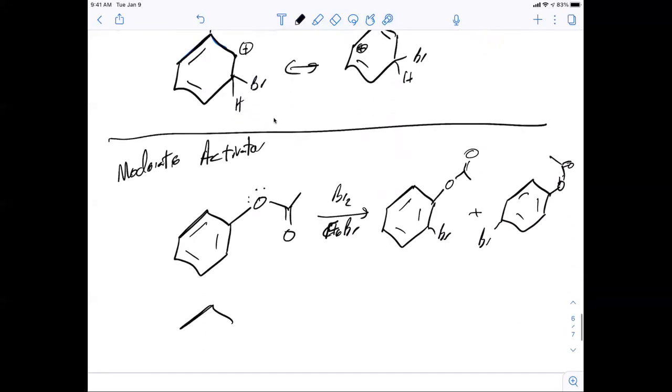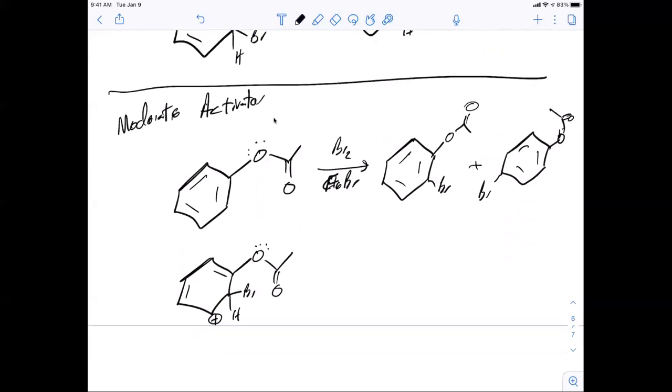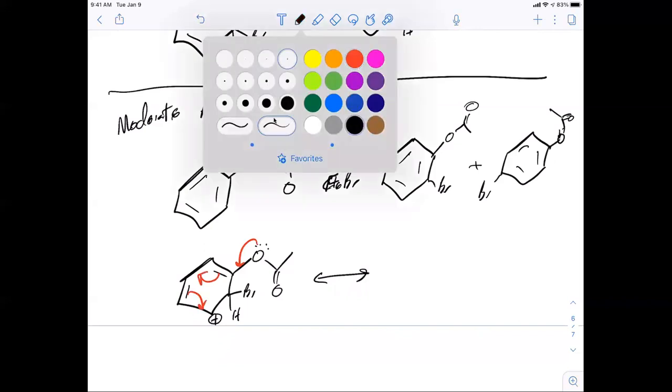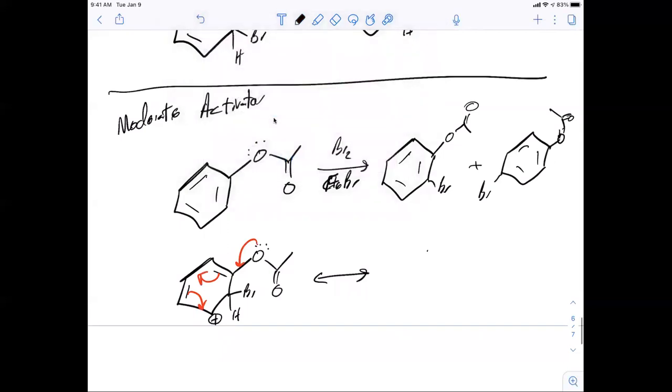And the reason for that one, again, is the intermediate. So we have our lone pair. So if we add our bromine here, we get this carbocation. And to save a little time, I'm going to show this lone pair going here, that pi bond going there, these electrons going here. So instead of showing it stepwise, I'm going to flip it all the way around. But then that gets me this.